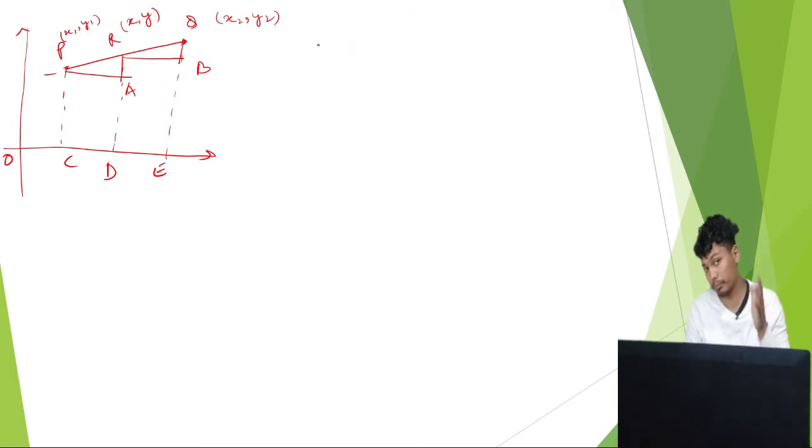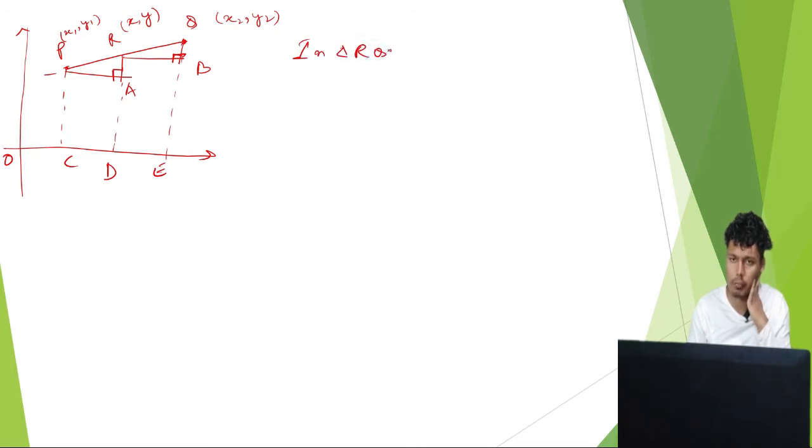So now, in these two triangles, this is 90 degrees. From triangles RQB and PRA, angle RAP is equal to angle QBR.